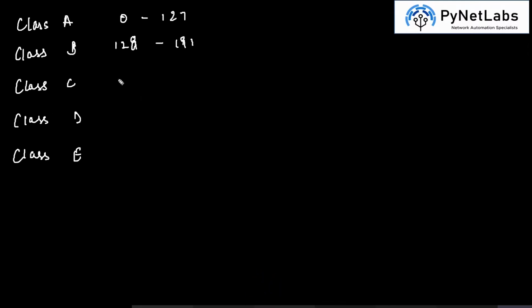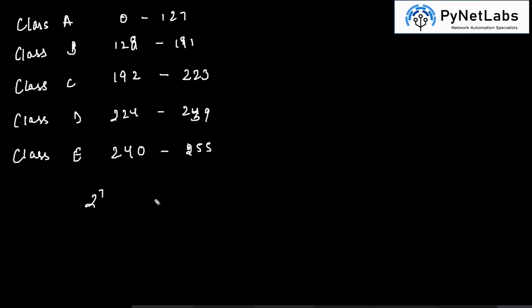After that, we have class C, which ranges from 192 to 223. Then we have class D from 224 to 239, and then the last one, class E, from 240 to 255.